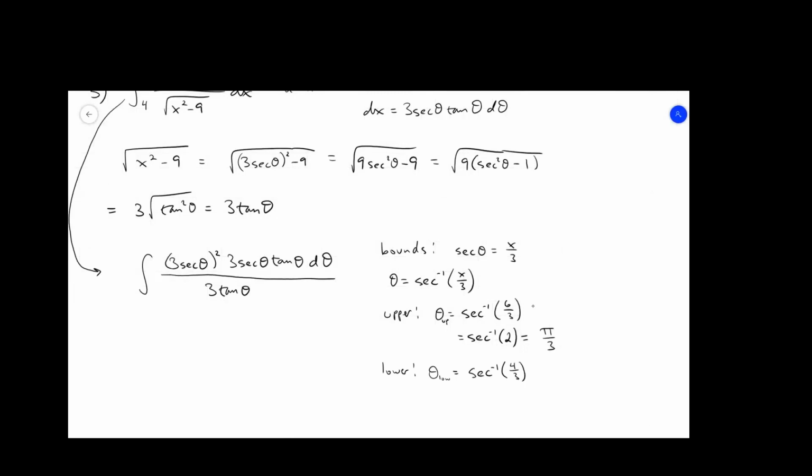Now the inverse secant of 4/3 is not a number that shows up on the unit circle, like what angle has a cosine that's 3/4. That's kind of hard to say because it's not on the unit circle. You could use a calculator, but for now, let's just leave it as the inverse secant of 4/3. So my upper bound became pi over 3, and my lower bound I'm just going to leave as inverse secant 4/3.